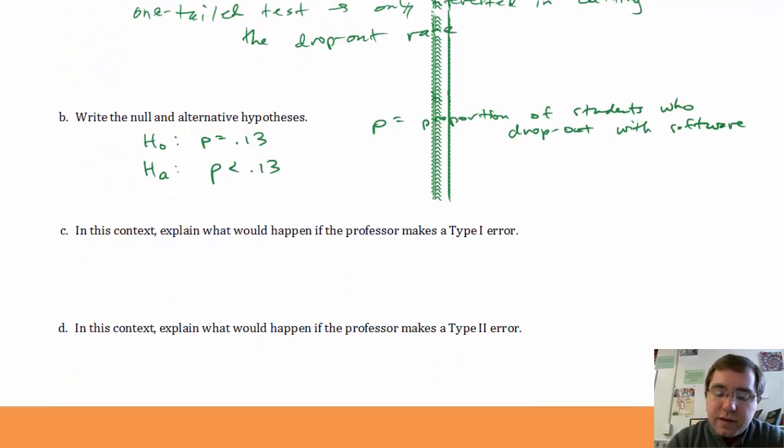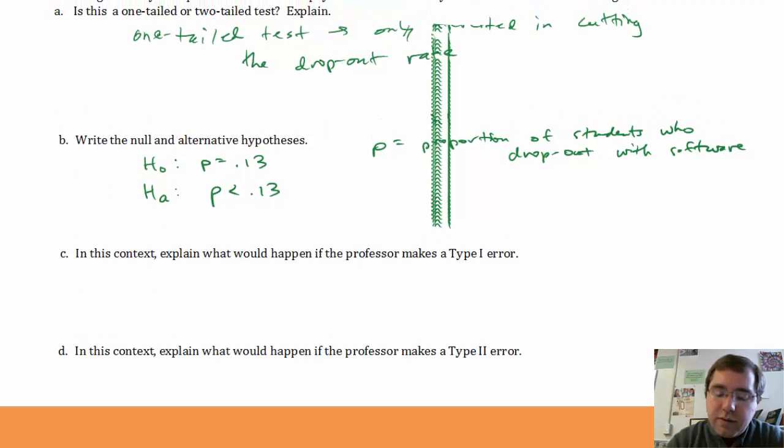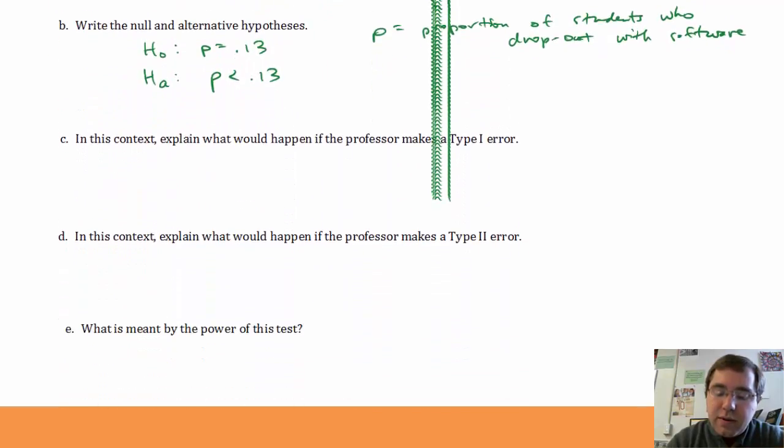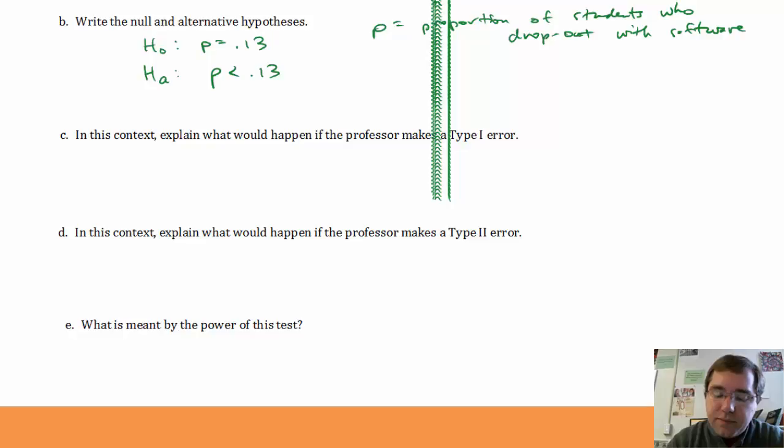Okay, in this context, explain what would happen if the professor makes a type 1 error. Type 1 error means rejecting the null hypothesis when he should not be rejecting it. Should not be rejecting it means it's true, it's not changing. So a type 1 error here is that he buys the software.